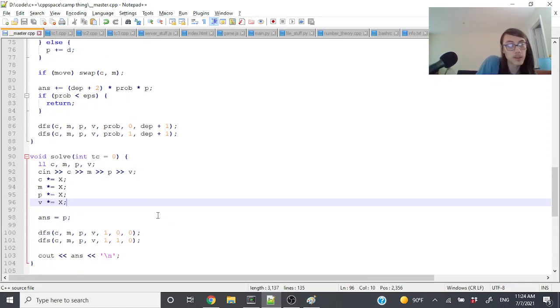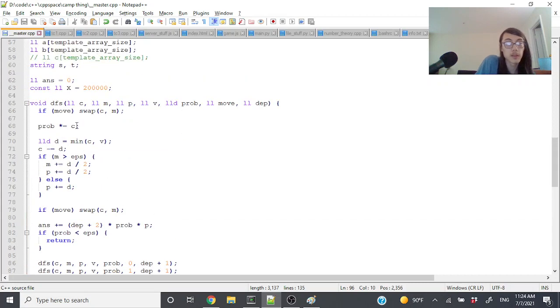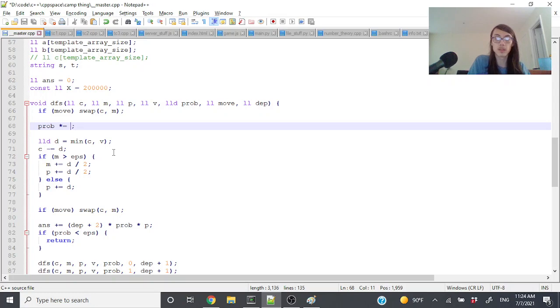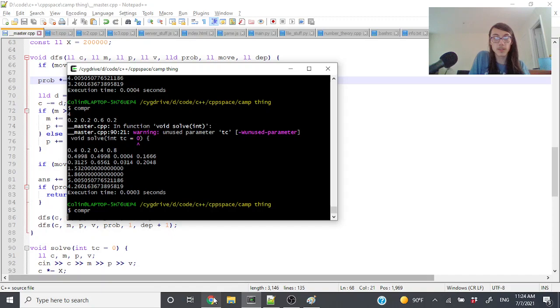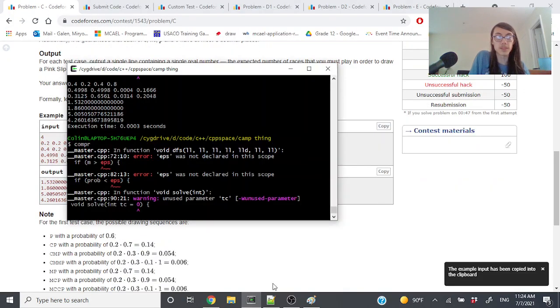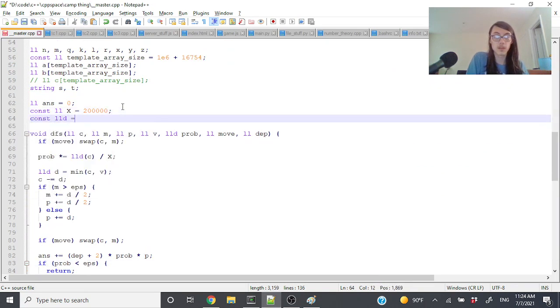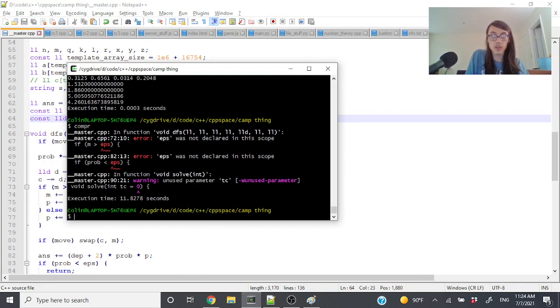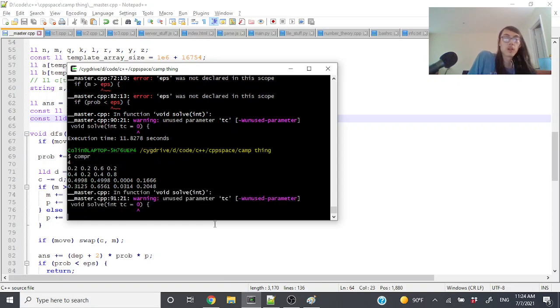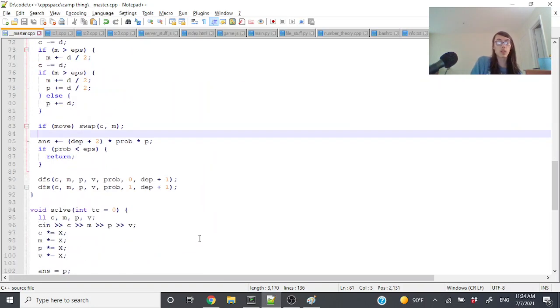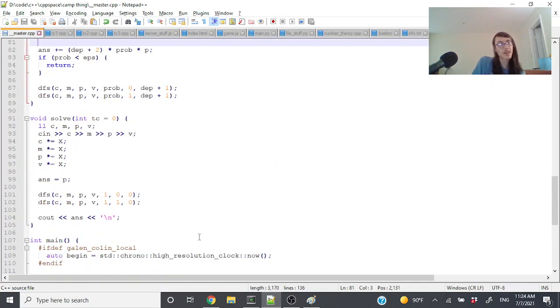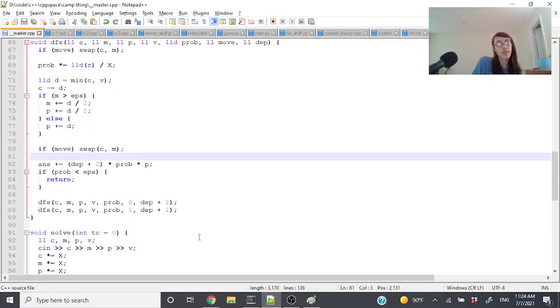So, okay. Does this still work? Is the point to convert it to integers? No. Okay. Awesome. Why is this the case now?